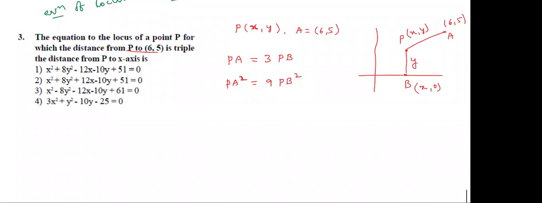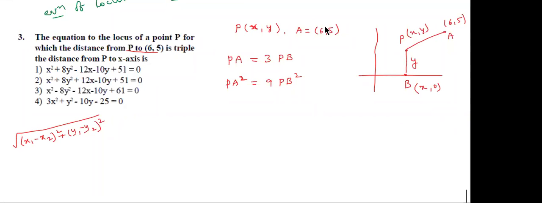We know the distance between two points formula: under root x1 minus x2 whole square plus y1 minus y2 whole square. This is the distance between two points. Square root is there now, that's why we want to eliminate the square root. So do squaring on both sides.